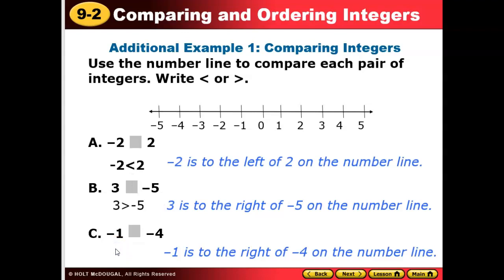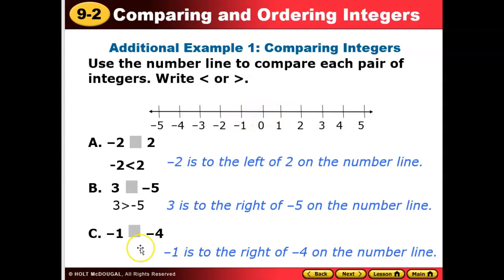And now we have -1 and -4. If these were positive numbers, 1 is less than 4. But these are not positive numbers, they're negative numbers. So we have -1 over here and -4 right there. So -1 is to the right of -4.